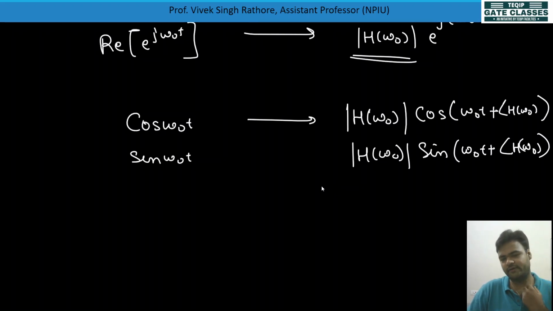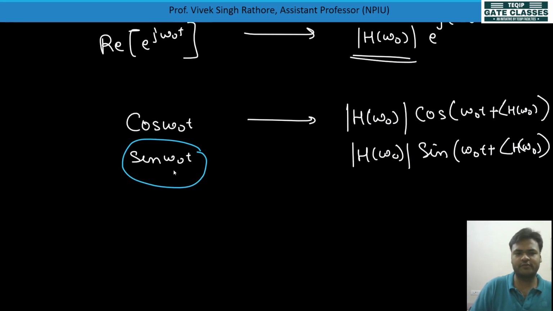This we wanted actually. Now it's time for the conclusion. We have given one signal whose frequency is only omega naught. It has one magnitude, one frequency part and zero phase.